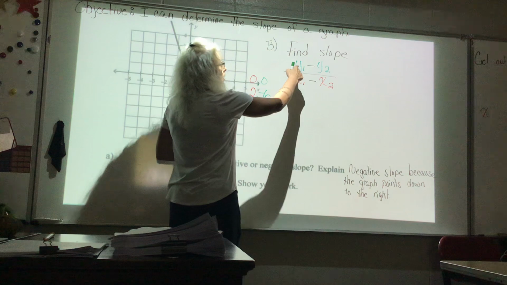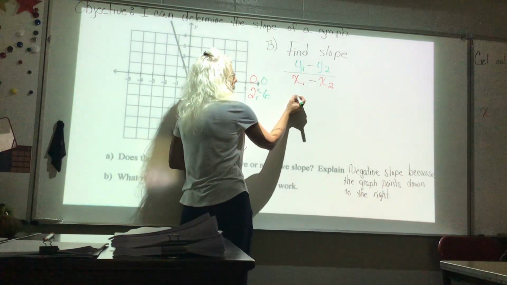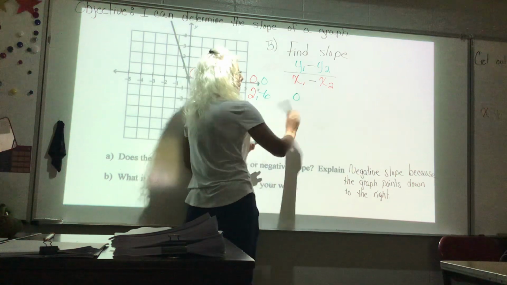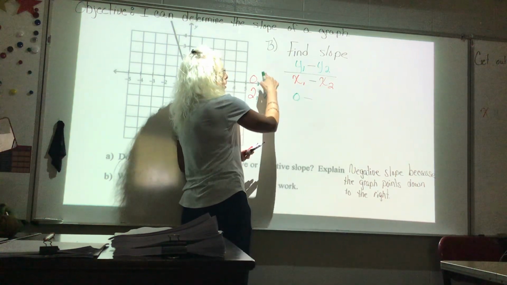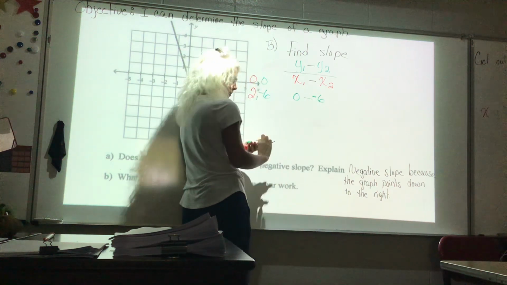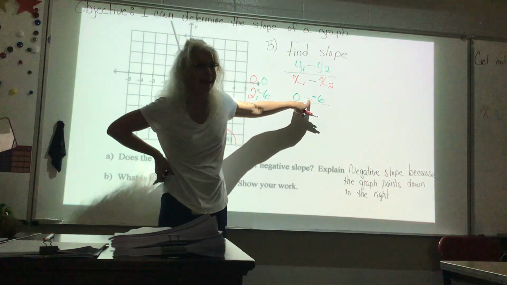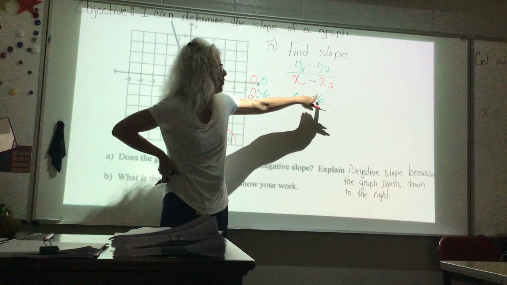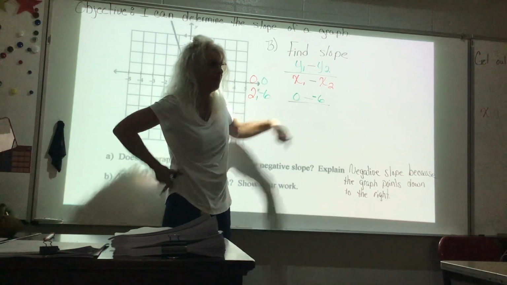Y sub 1 means go to the first y and write it down. Minus y sub 2, so I'm going to go to the y's and write down my second y. Notice this black line is a minus sign. The 6 is negative, so you're going to have to subtract a negative there.